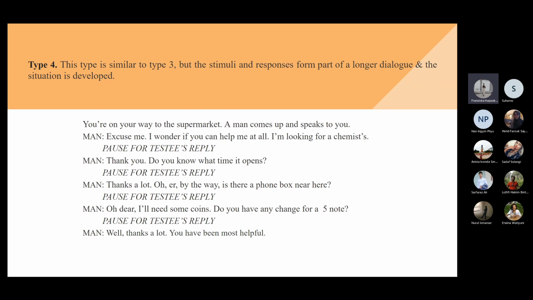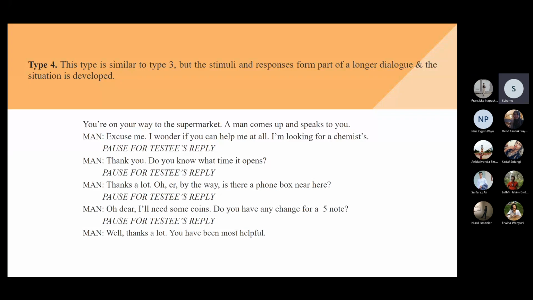So actually, this dialogue clearly makes no sense if, when he asks where there is a chemist, the test taker replies "don't know."